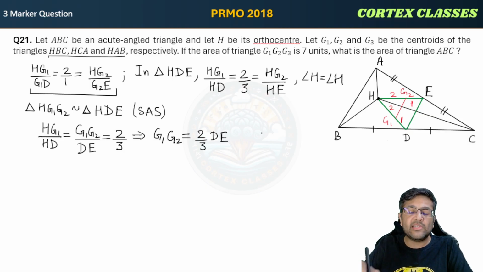So guys, since we have done this by symmetry, similarly you can do it for G2G3 and G3G1. Okay, I'm not going into that first. First we see from here, right guys? G1G2 is 2/3 of DE. I hope it is clear till here.